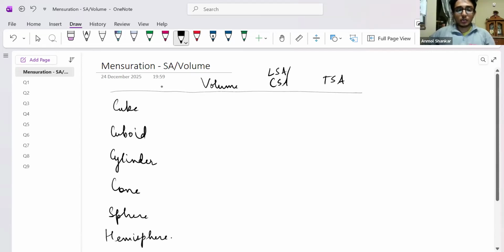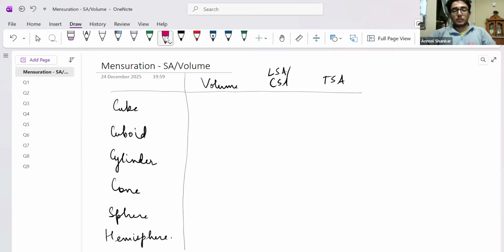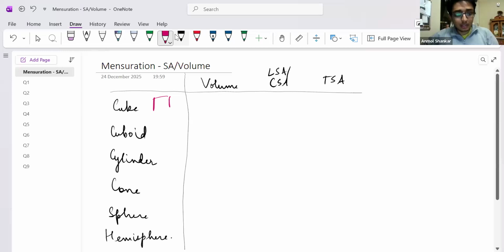Can someone tell? Starting with cube. For a cube, what is the volume formula, curved surface area and total surface area? Can someone unmute and tell? The cube formula is very simple, right? Everyone knows. So first, what is a cube? A cube has all sides equal.